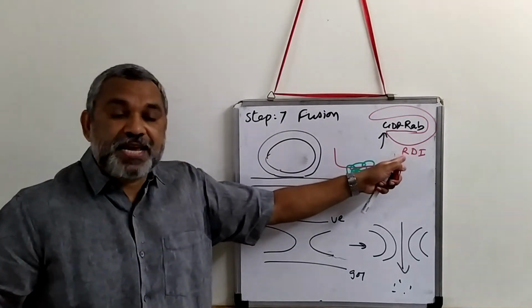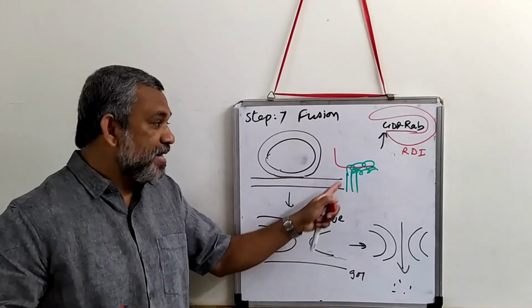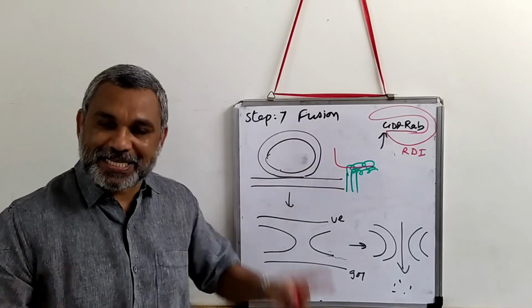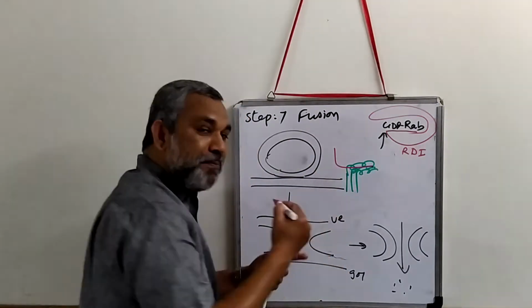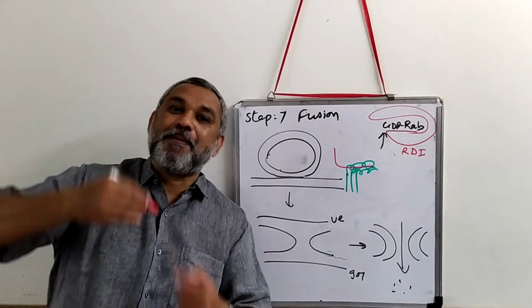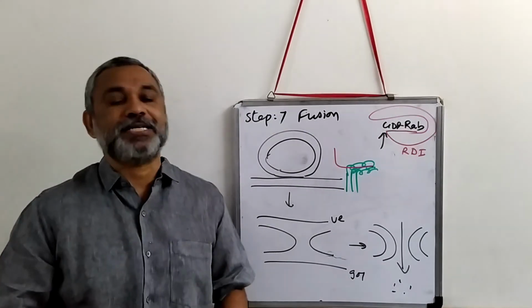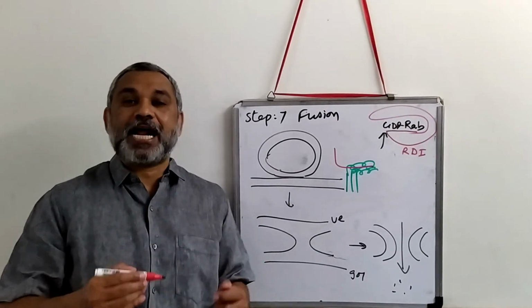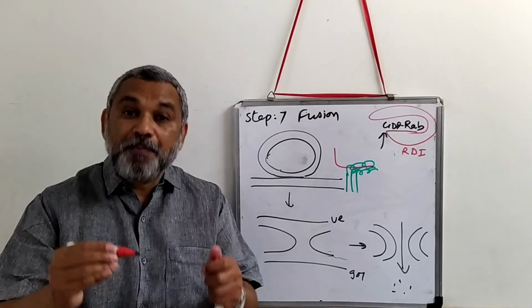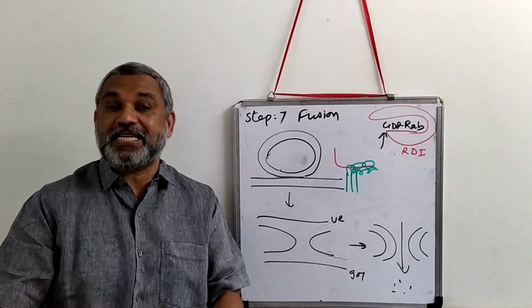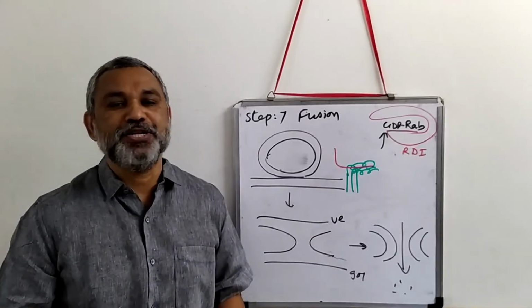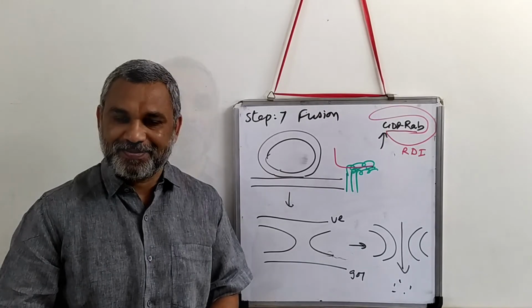This dissociation will ensure that it is getting separated, and once it gets separated, the remnants will be transported back through the retrograde transport which we have learned, by using COP1 protein vesicle, back into the endoplasmic reticulum or back into the lysosomes.